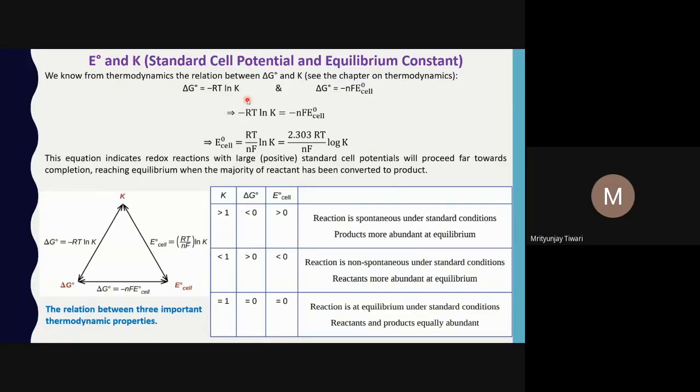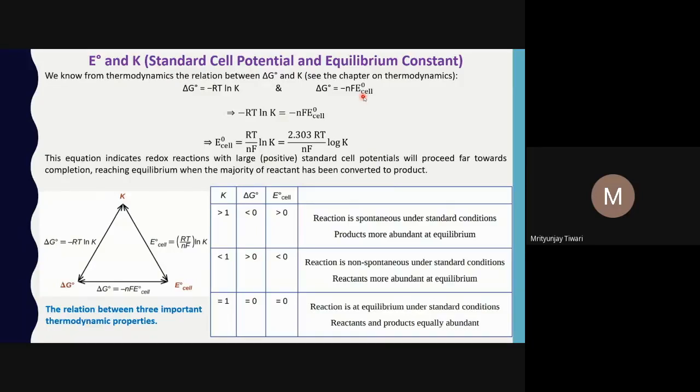When those concentrations belong to equilibrium, Q becomes K, the equilibrium constant, and delta G becomes equal to 0. So 0 is equal to delta G naught plus RT ln K, and so delta G naught is equal to minus RT ln K. This equation we get from thermodynamics, and you can look into that chapter. So delta G naught is equal to minus RT ln K, and delta G naught is also equal to minus nF E naught cell.